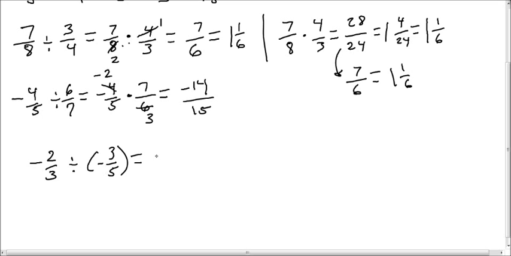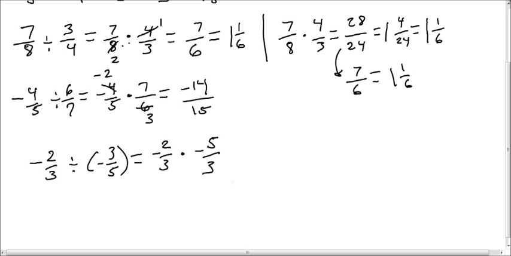So keep those in the back of your mind as we go through this one. So we have negative 2/3 remain the same, and now we're going to multiply by the multiplicative inverse, and this would be a negative 5 over 3.